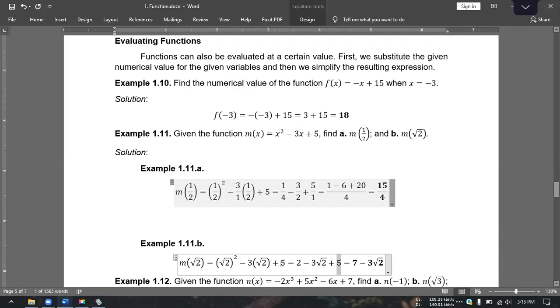To simplify, again, we can only add or subtract or combine expressions that are similar. So we'll combine the whole numbers. 2 plus 5 is 7. Wala tayong pwede gawin sa 3 square root of 2, so let's just copy it. Our final solution would be 7 minus 3 square root of 2.